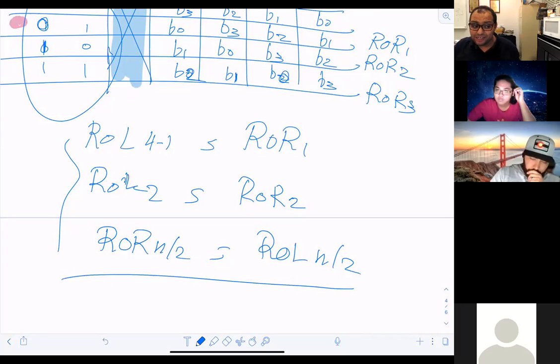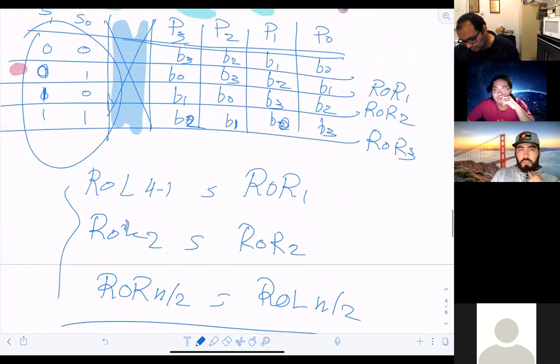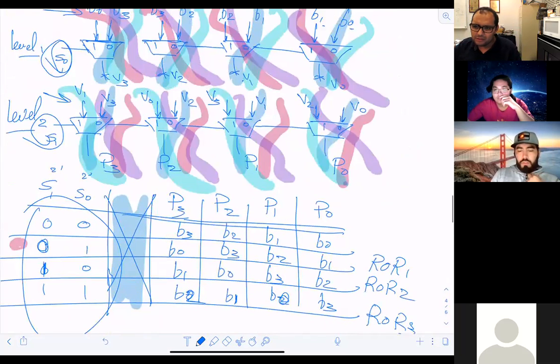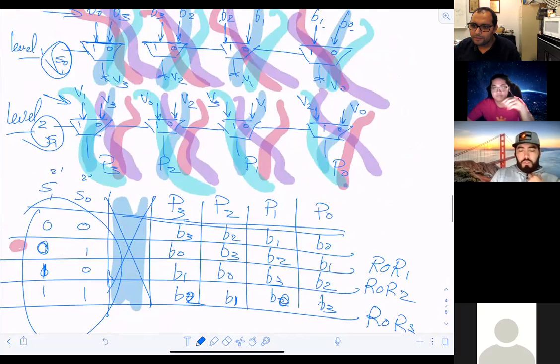So what we have already done here is basically rotating operations. Let's look at the timing, the response time. The response time analysis is not really hard, right? Why? What does a multiplexer look like?